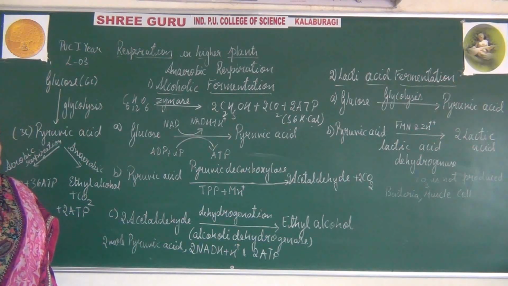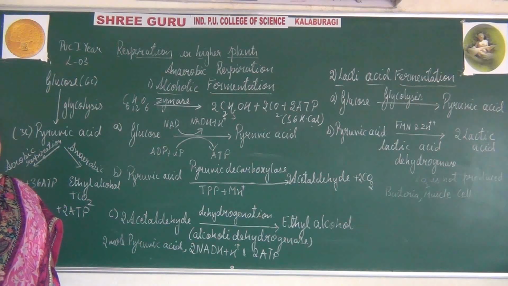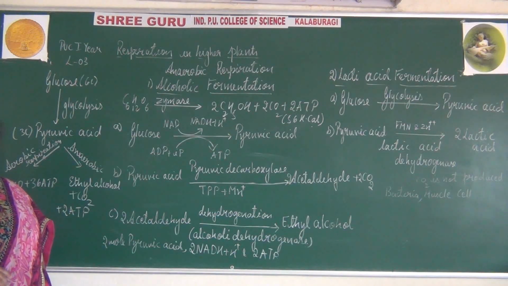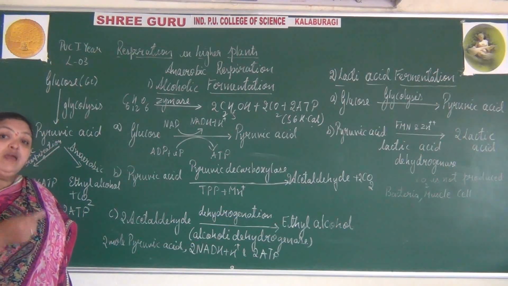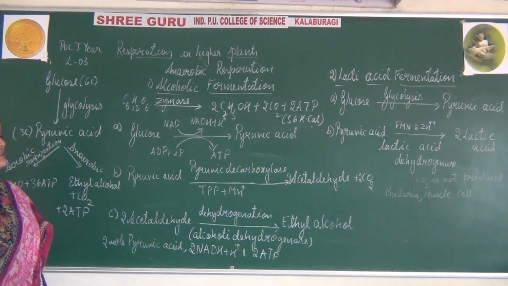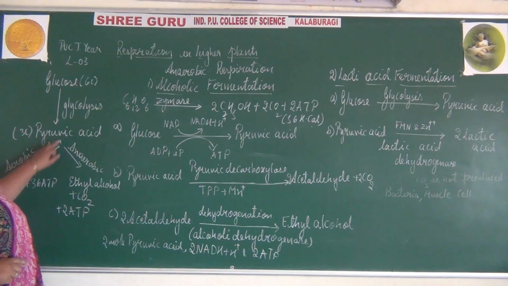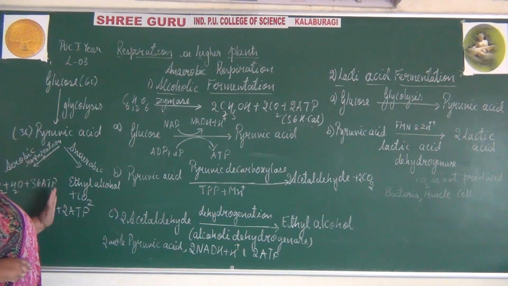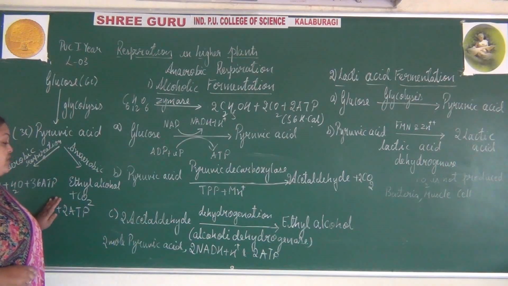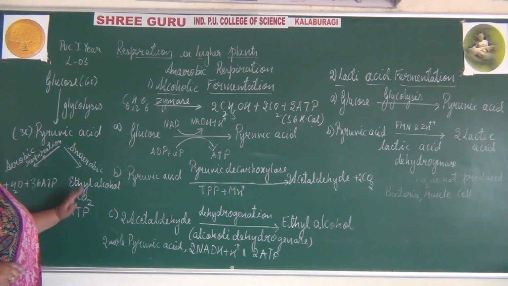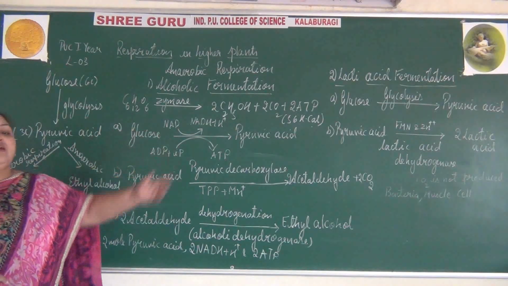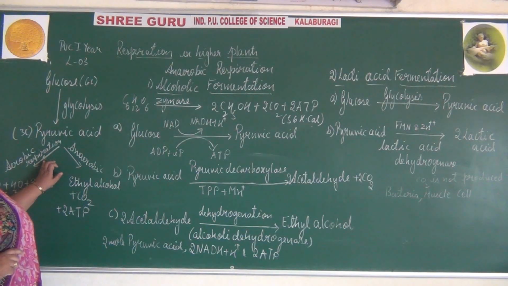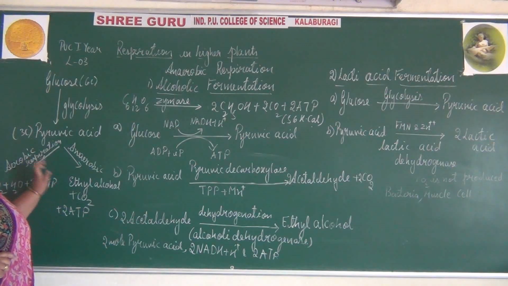We have studied the anaerobic processes, alcoholic fermentation and lactic acid fermentation, with end products ethyl alcohol and lactic acid. In the next class we will see what happens if pyruvic acid enters the aerobic process.